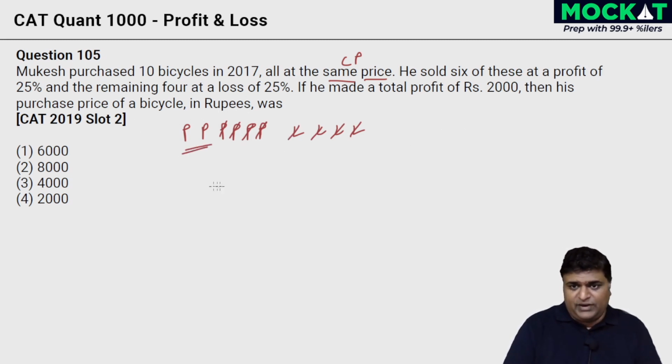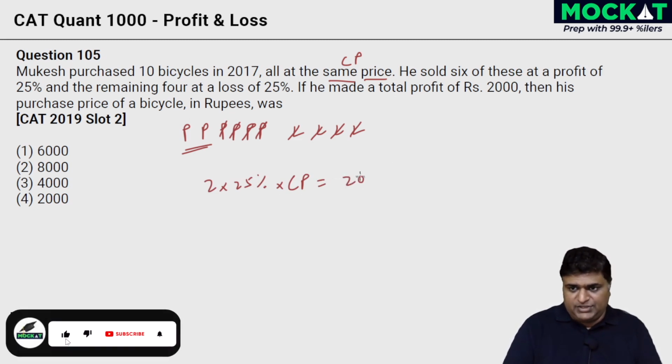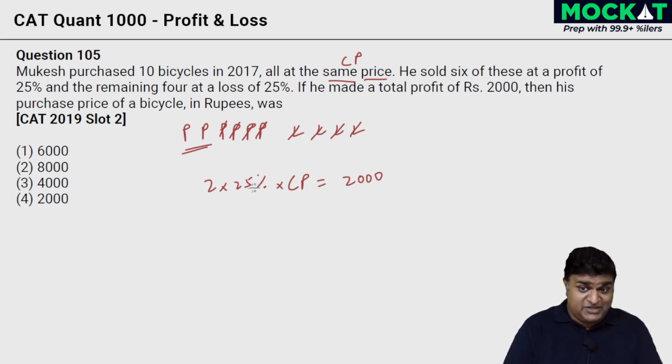And how much was the profit? 25%. So 2 into 25% into the cost price of a bicycle is going to be 2000, right? And 25% is nothing but 1 by 4, or 2 into 25% is 50%. 50% can be written as half. So CP is nothing but 2 into 2000, which is going to come to 4000, and we get the answer, right?